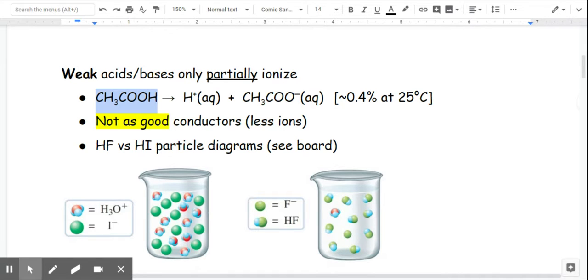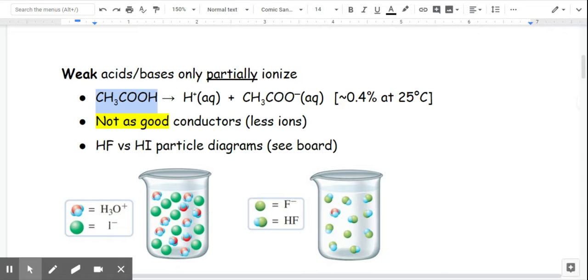So when acetic acid molecules are mixed with water, some of those molecules break into H plus ions and acetate ions. Some. If you see right there, it's temperature dependent. But if you look at the temperature at 25 degrees Celsius, pretty close to normal room temperature, it's a very small amount that's actually ions, about 0.4%. Less than 1% is ions, meaning over 99% still are these molecules.